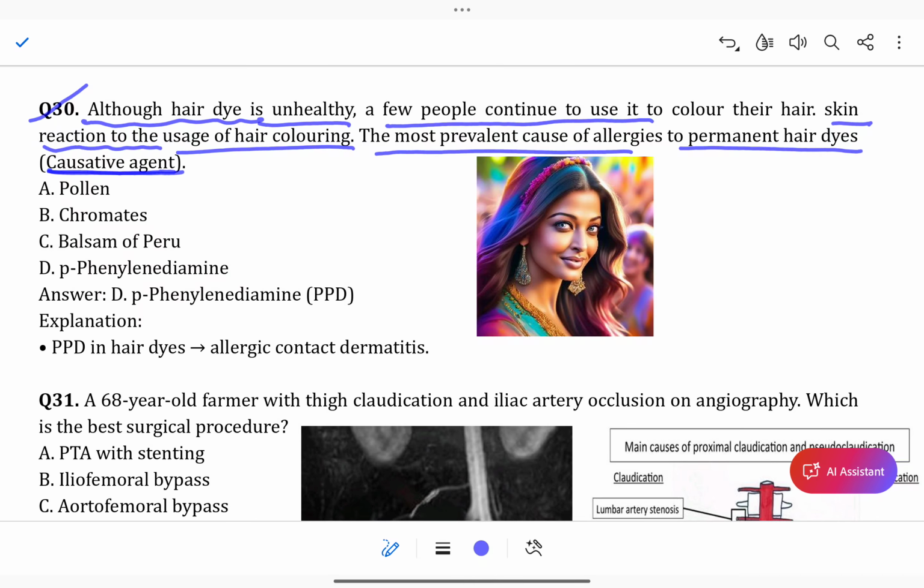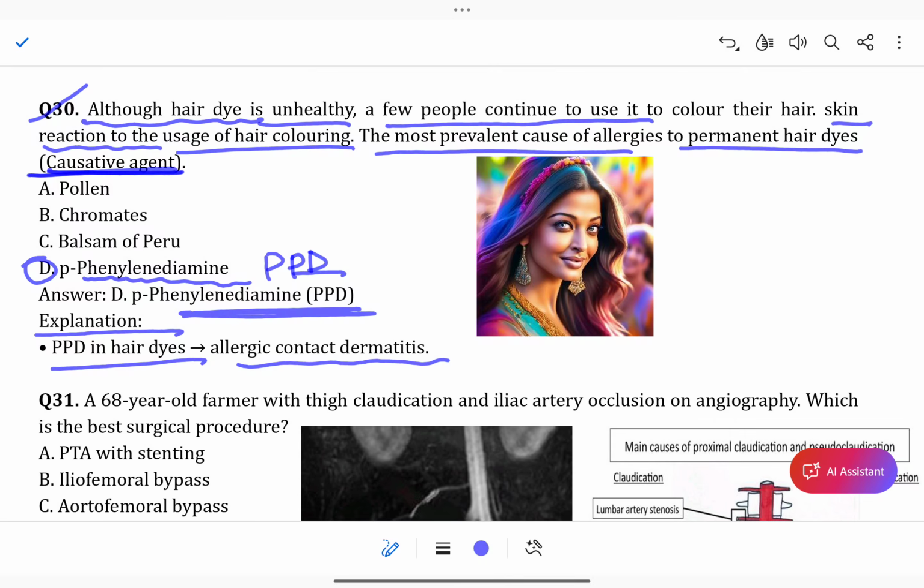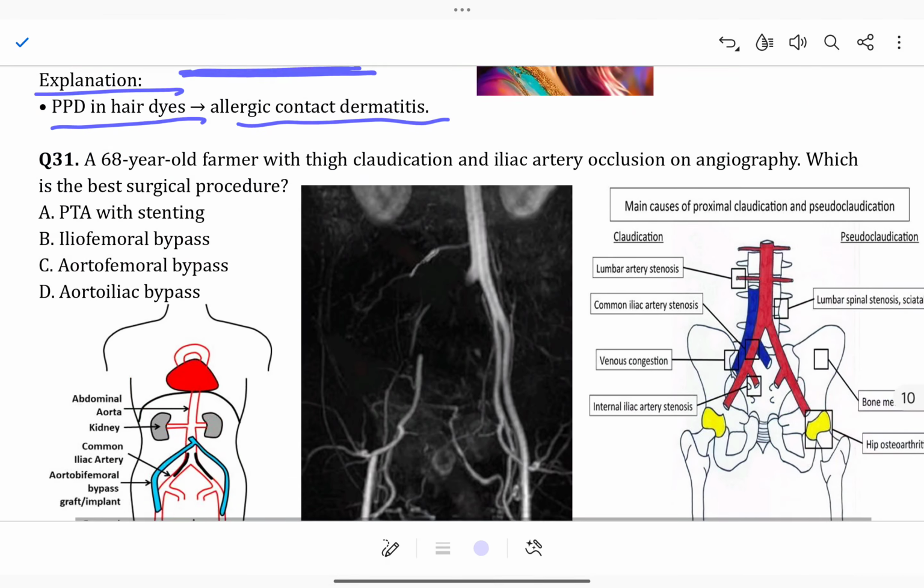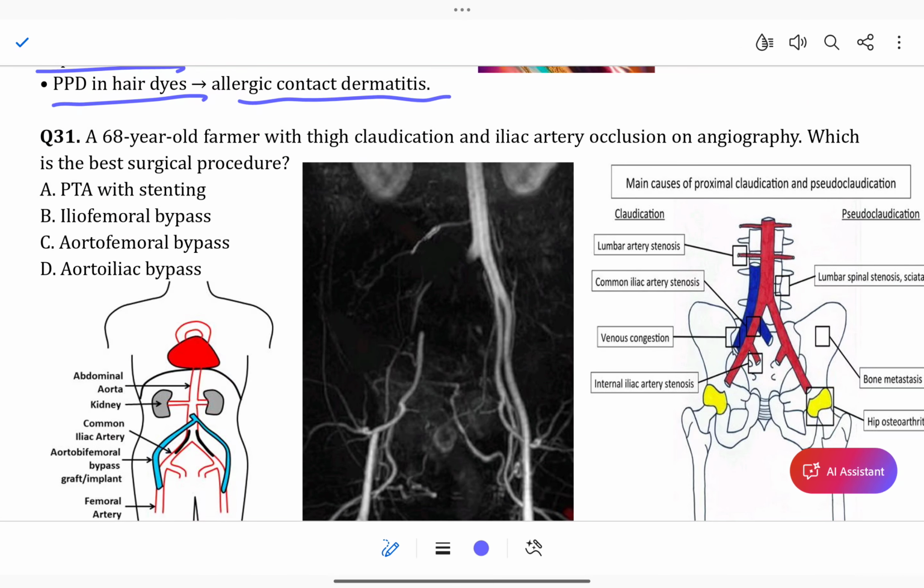That is D, PPD. The answer is written here, PPD. Explanation: PPD in hair dyes causes allergic contact dermatitis.